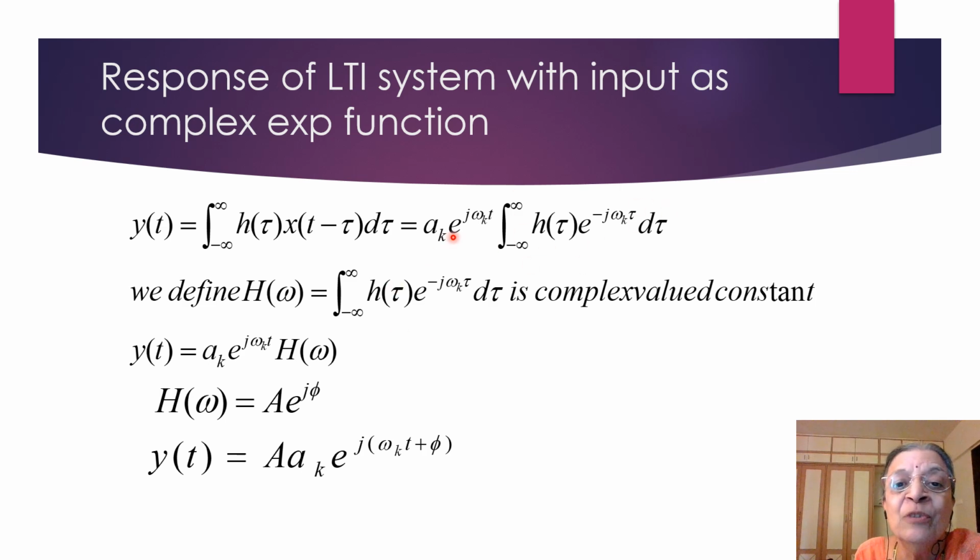Right. So if the input is an exponential function, the output is also an exponential function. The only thing is there is a change in the magnitude and also a change in the phase. Understood? So any exponential input gives rise to an output which is also exponential. This is the basic requirement, right?